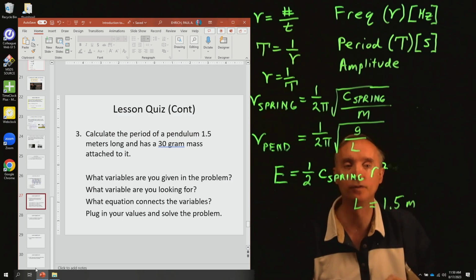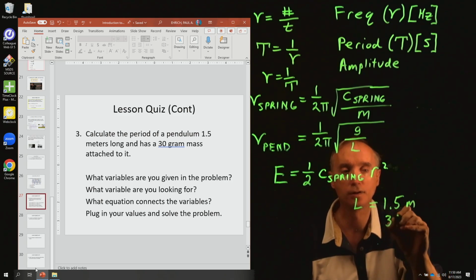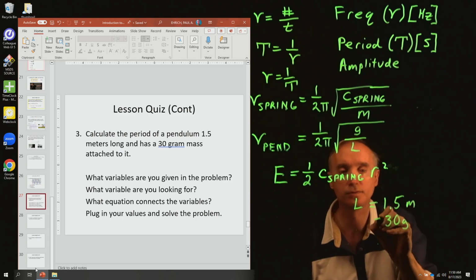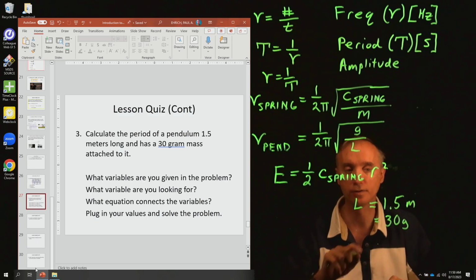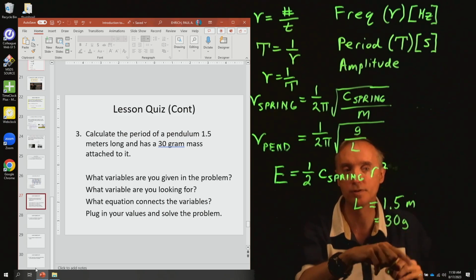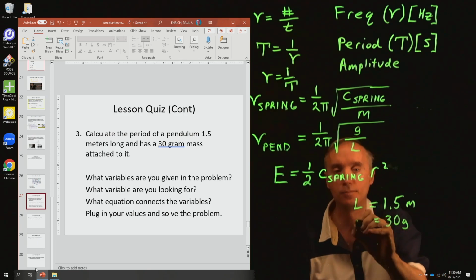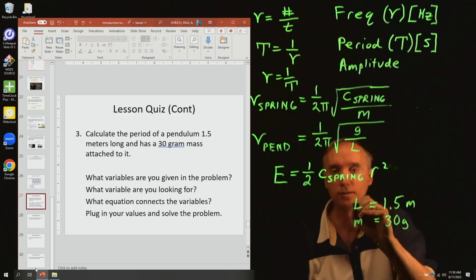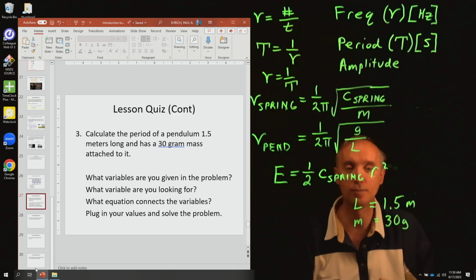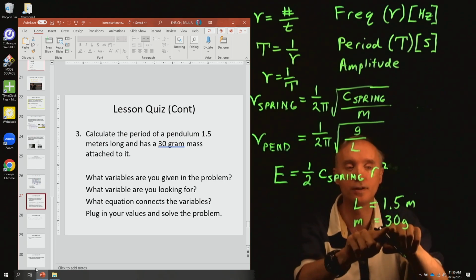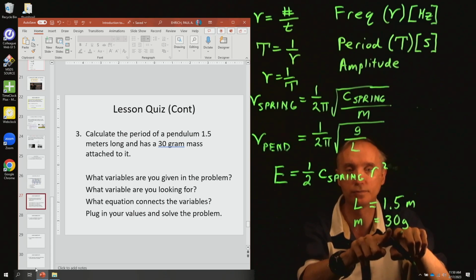All right, we're given a 30-gram mass. So what letter goes with grams? Grams is a unit of mass. Mass is abbreviated by the letter M. Okay, but that's the wrong unit, so we would need to take this and divide by 1,000.